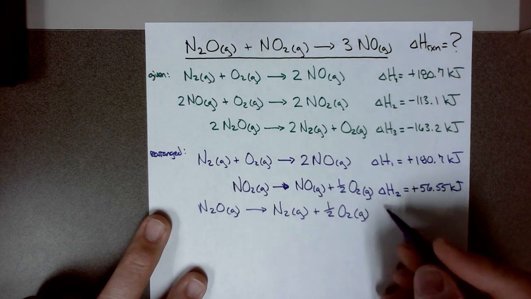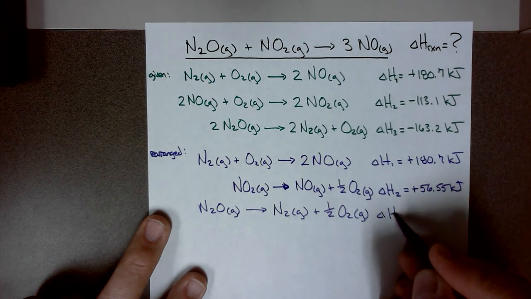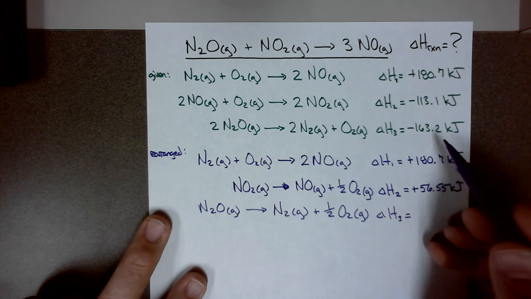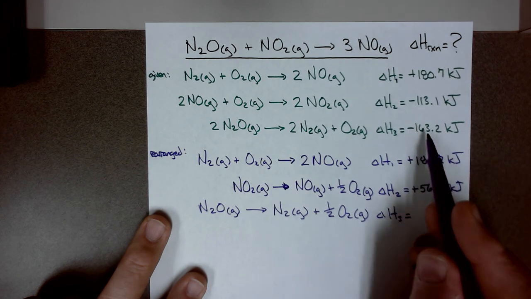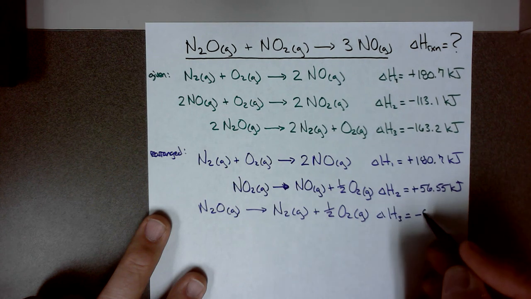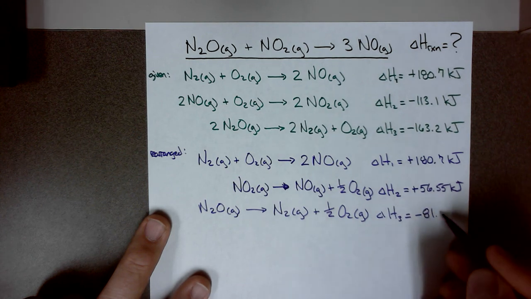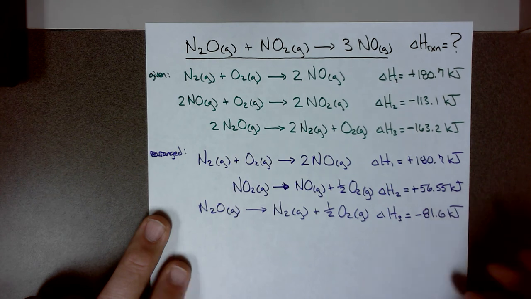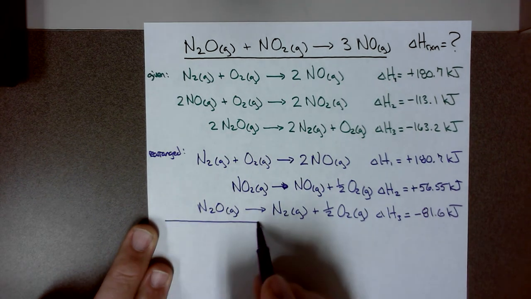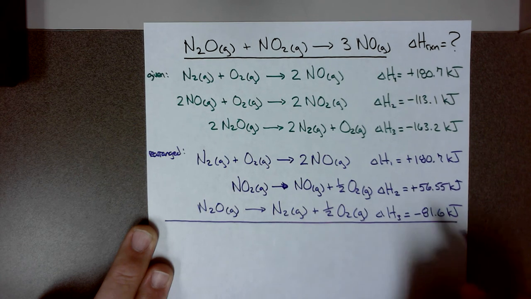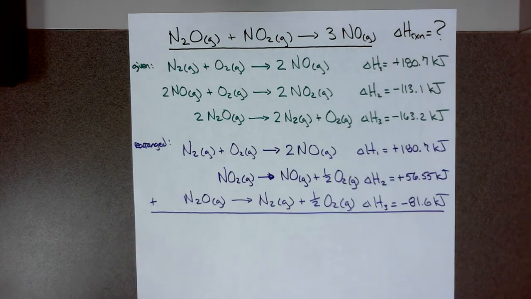And then my delta H, or my enthalpy, is going to be, well, I didn't flip it, so I keep the same sign, but I have to cut it in half, so it's going to be a negative 81.6 kilojoules. Now I'm going to add all of these up. You can think of it as adding it up, and so I have to cancel everything.